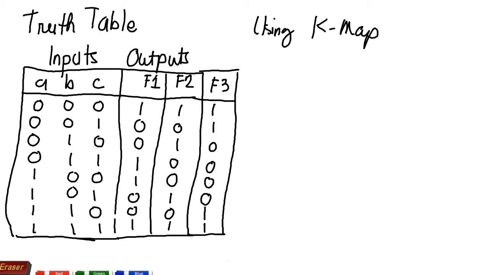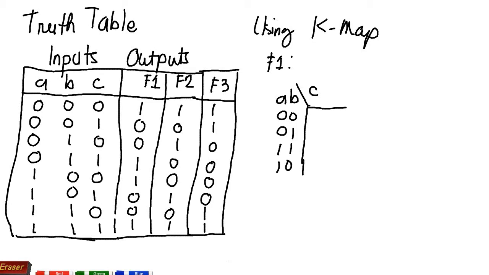First, we're going to find the equation of output F1. We have here a K-map table, A B and C. You have 0 0, 0 1, 1 1, 1 0, and for C you have 0 and 1.